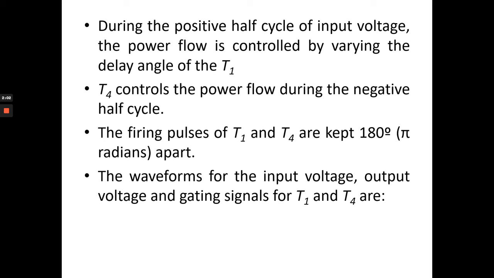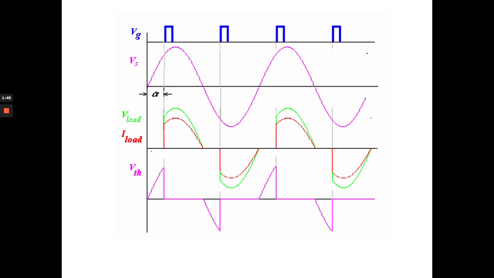T4 controls the power flow during the negative half cycle, and the firing pulses of T1 and T4 are kept 180 degree apart from each other, and the waveforms for the input voltage, output voltage and gate signals for thyristors T1 and T4 are shown here.